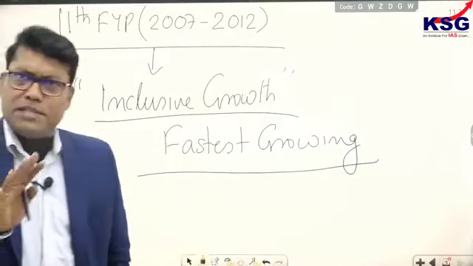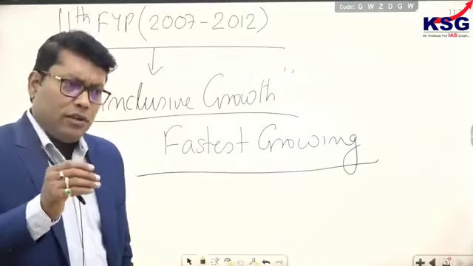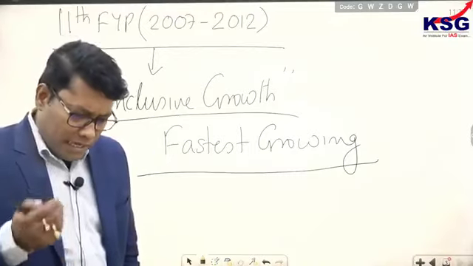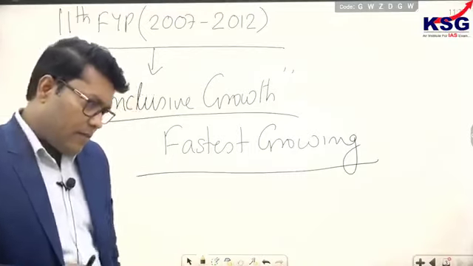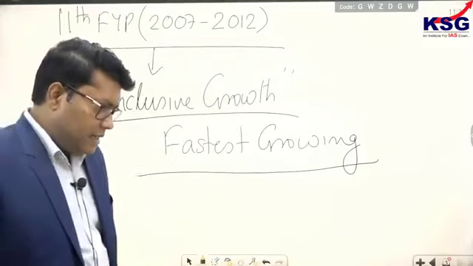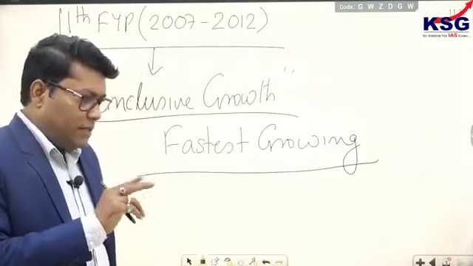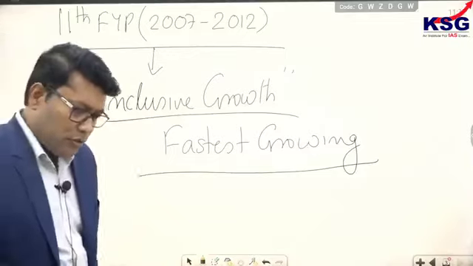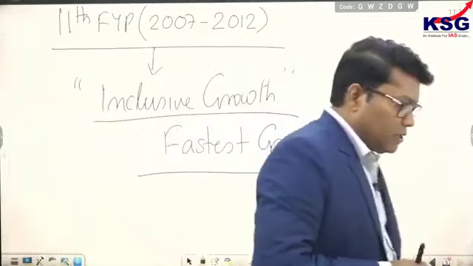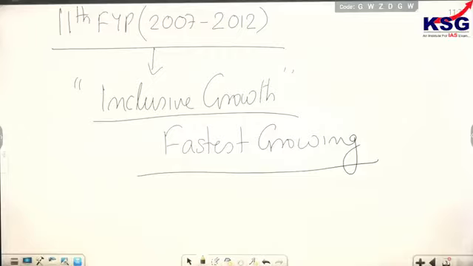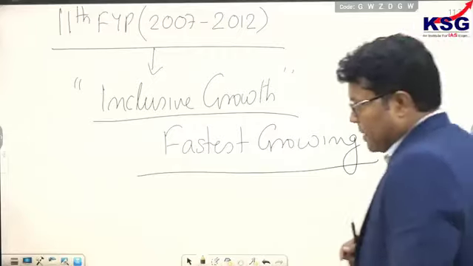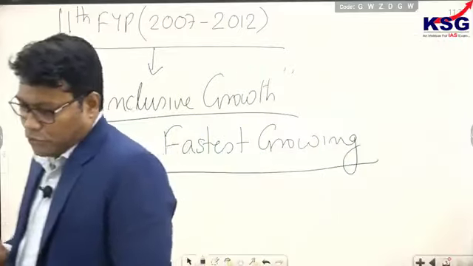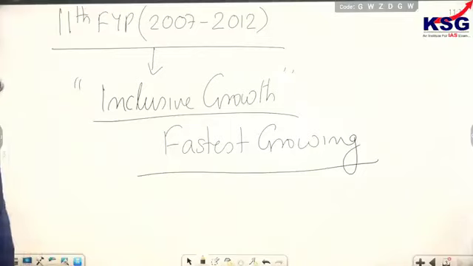You can specify: SC, ST, where SC means scheduled caste and ST means scheduled tribe, minorities, and the poor. Okay, full stop. Please write.